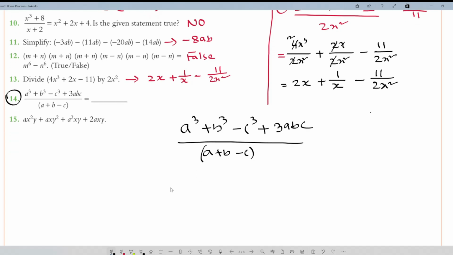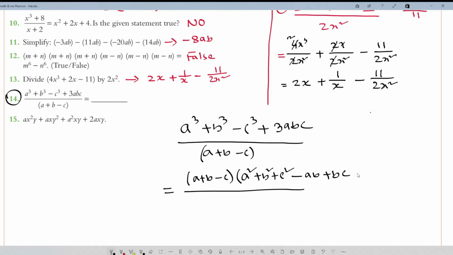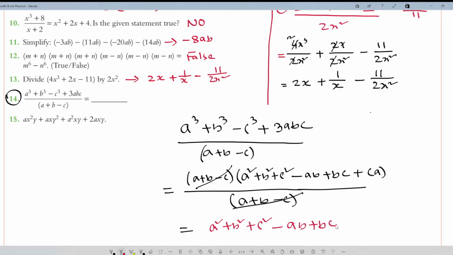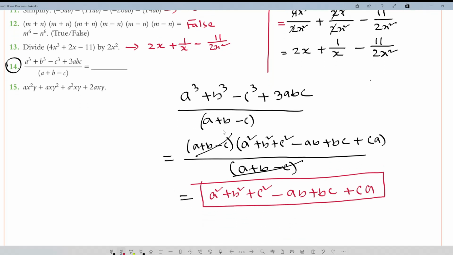Against this, the numerator we can write a plus b minus c, then a square plus b square plus c square, then minus ab, then plus bc, plus ca, divided by a plus b minus c. So this one and this one out, so our answer is a square plus b square plus c square minus ab plus bc plus ca. Okay, hope you clear this one.